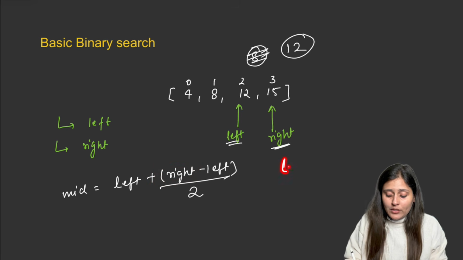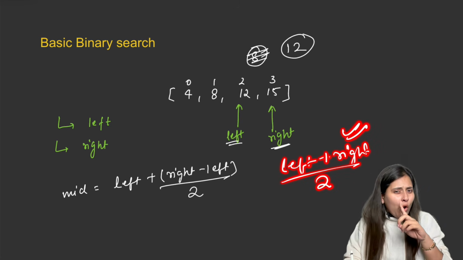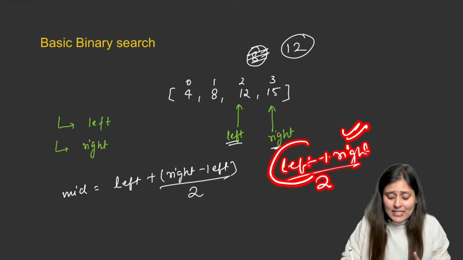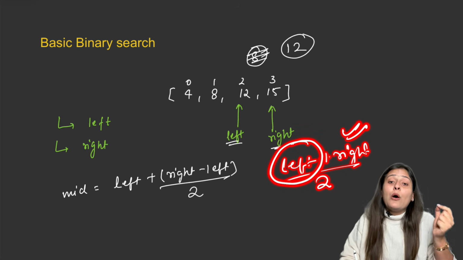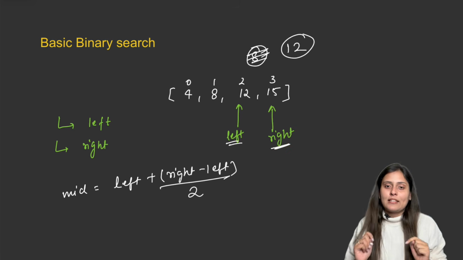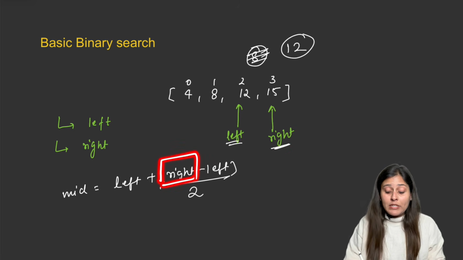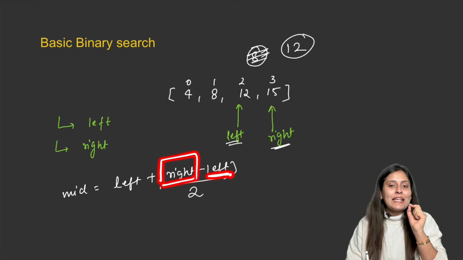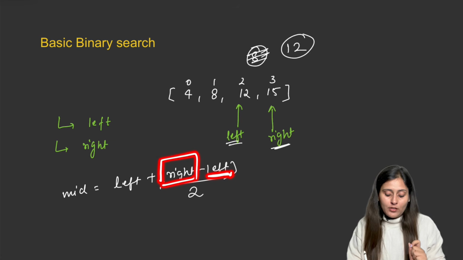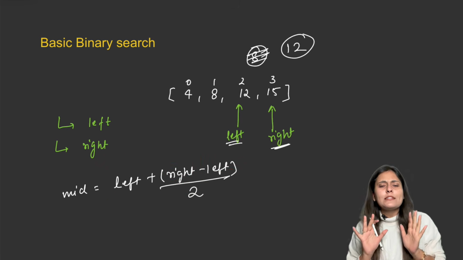Then if you do left plus right by 2, with a right number almost infinity, adding even a single 1 will go out of bound and make it negative. So you cannot find the right index in that case. Hence we go with this, because even if right is infinity, we subtract some left part, which makes it a smaller number. Dividing by 2 makes it smaller still, and then adding the left pointer is safer.